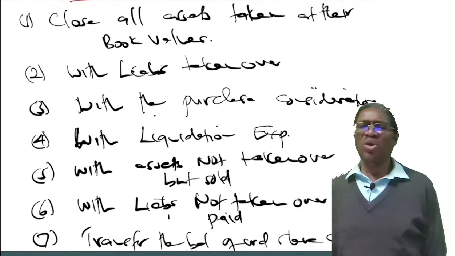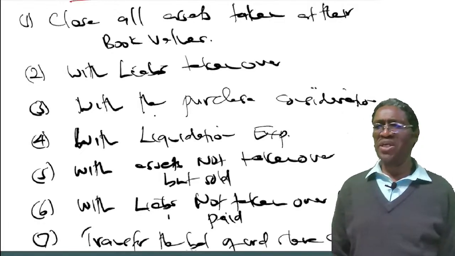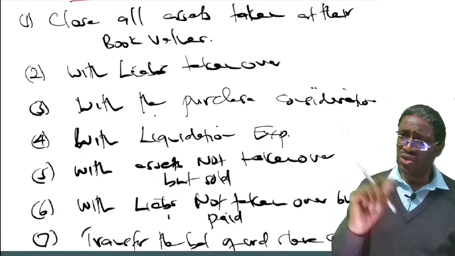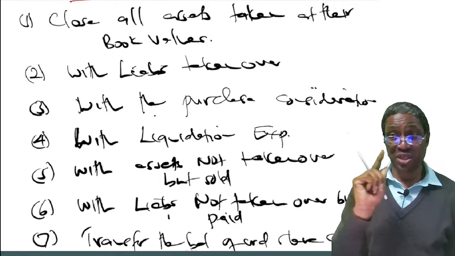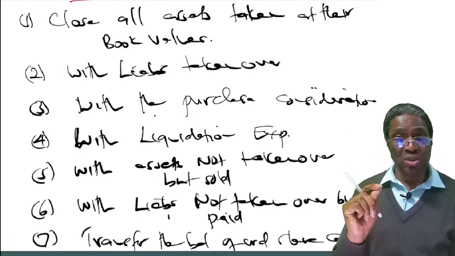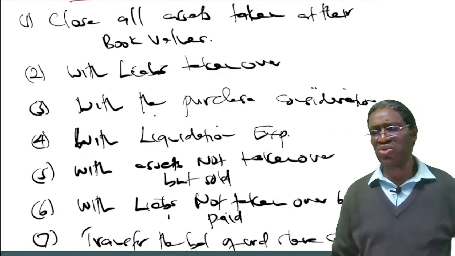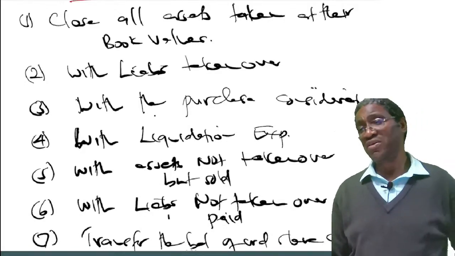Listen, what if you, company A, have an asset which company B did not want to take over in step 1, and you as A Limited could not get somebody to sell it to in step 5?